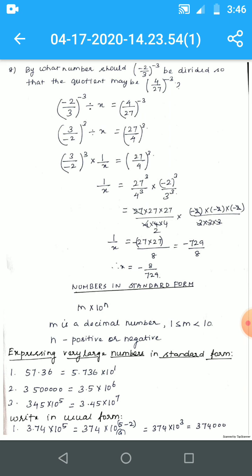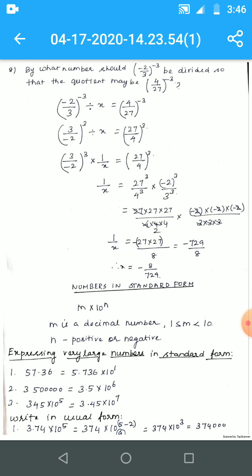Expressing very large numbers in standard form. For example, 57.36 can be expressed in standard form by raising to the power of 10. If the decimal point moves forward, then the power is positive.